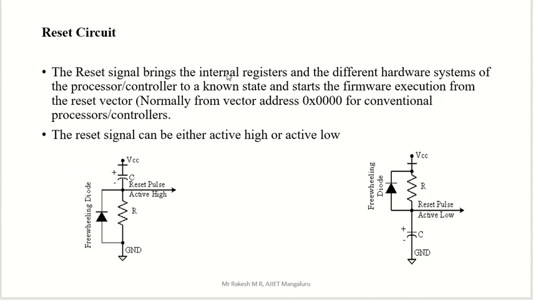The watchdog timer also resets your circuit, but after a particular time. Here time is not there. Just to reset your device, we are using this reset circuit. Here time is not required, or we are not using a timer here.